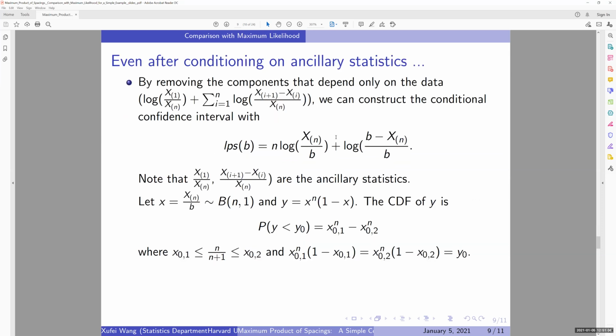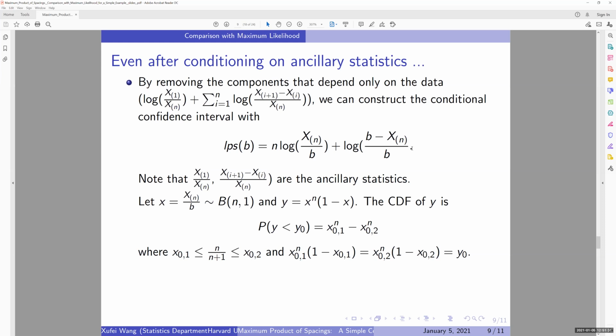So we remove the auxiliary statistics, like x1 divided by xn, and also xi+1 minus xi divided by xn. They are all ancillary statistics. By removing them, we have a simplified product of spacings function that looks as follows.